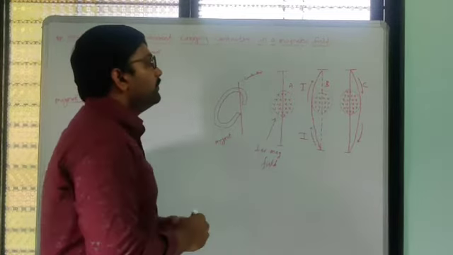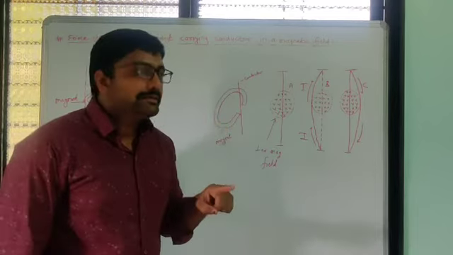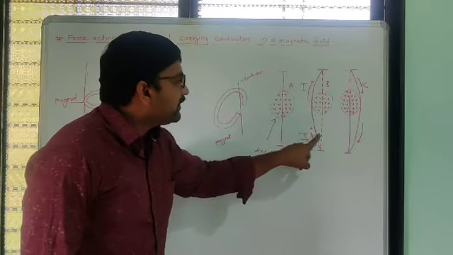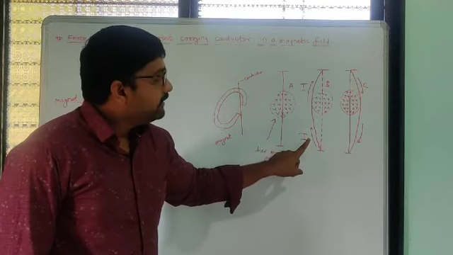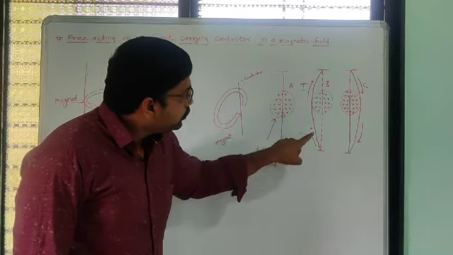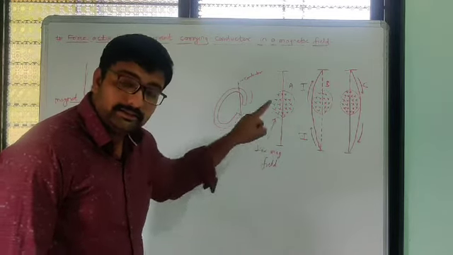We know this motion is possible due to a force. So we can say that some force acts on this conductor due to the passing of electric current in the magnetic field, due to which its motion is possible to this side.